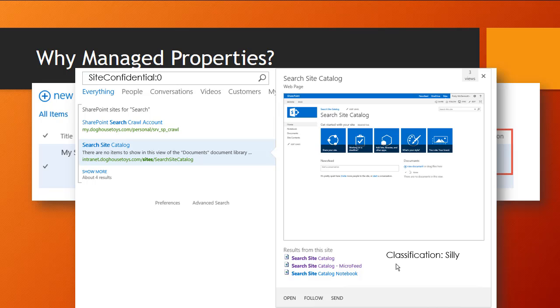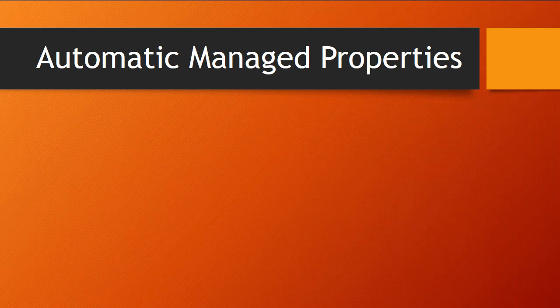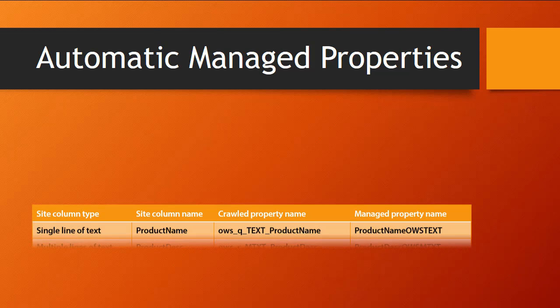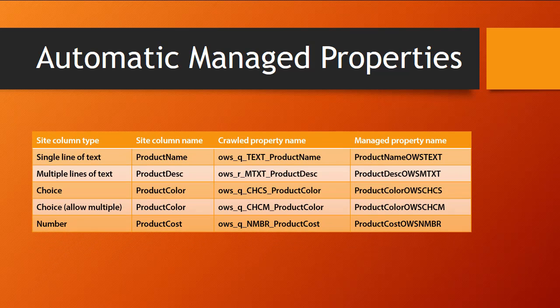Also, for refinement and other attributes that we're going to be using in the Search Results Center, managed properties are a requirement. Now, in SharePoint 2013, there was a feature called Automatic Managed Properties. What this did was take the site columns that you created, for instance, in this case, product name, product description, product color, etc. And it created crawled properties and then managed properties for you.